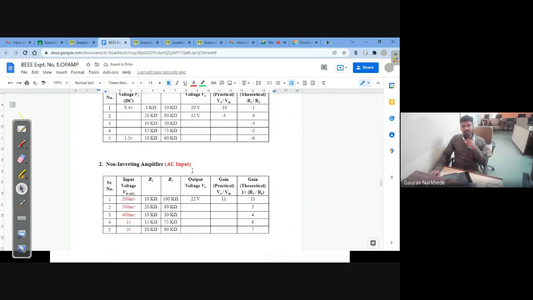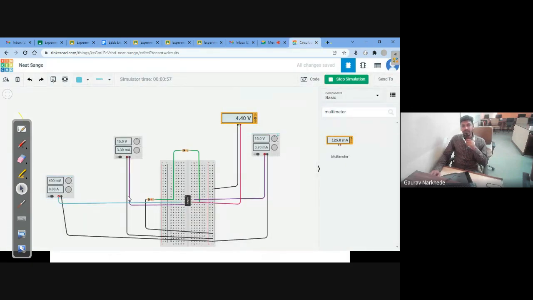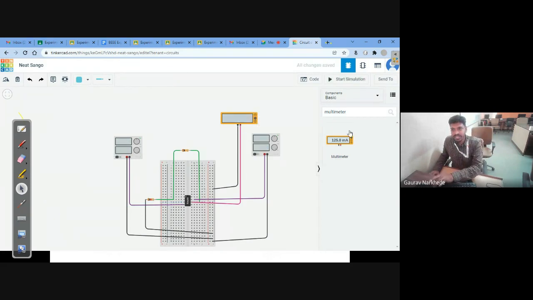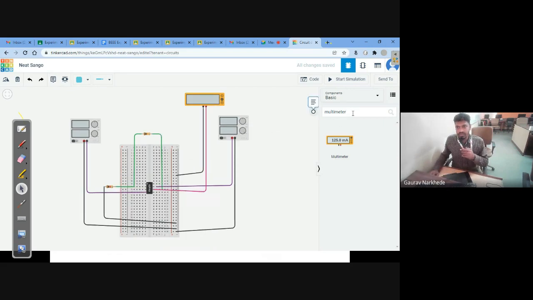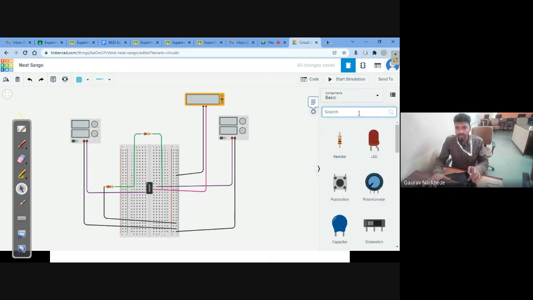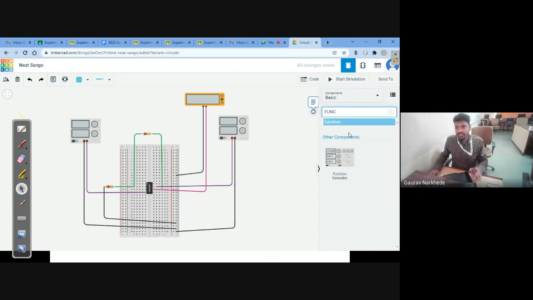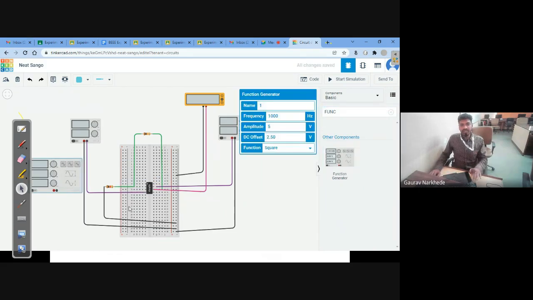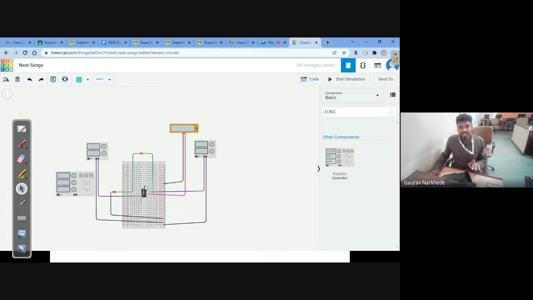Now what is remaining? Now let us see this case, non-inverting with AC signal. So here I will just give an AC signal. I will remove this thing, and I will add an AC supply here. From where can I add the AC supply? I can add it using a function generator.